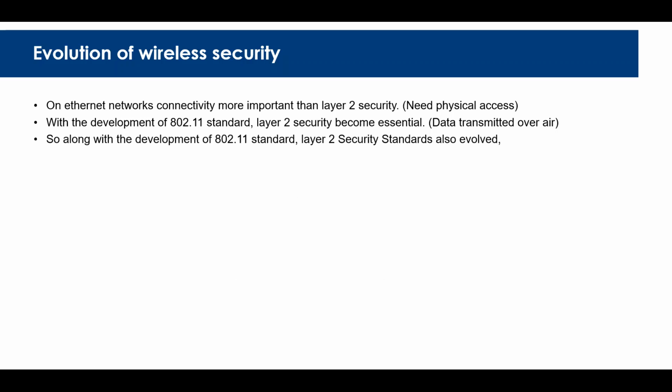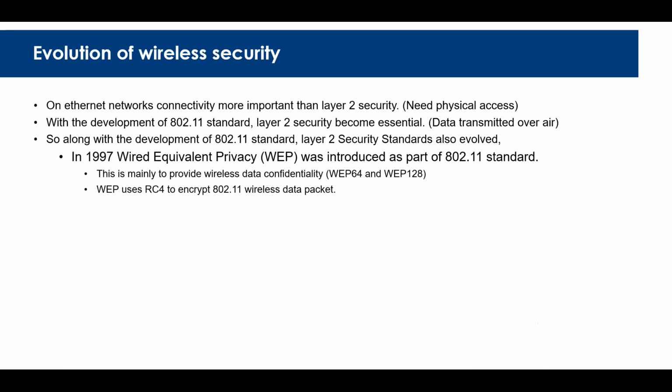So as part of the 802.11 standard, layer 2 security standards also evolved. Wired Equivalent Privacy, WEP, was the first encryption standard, evolved along with the 802.11 standard in 1997.